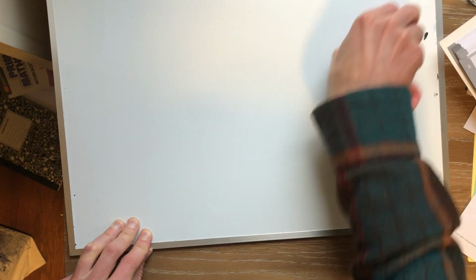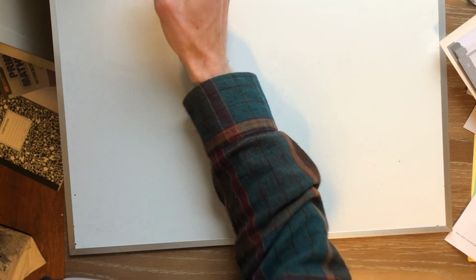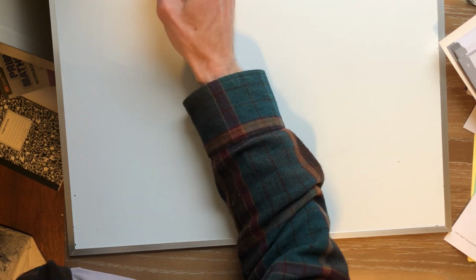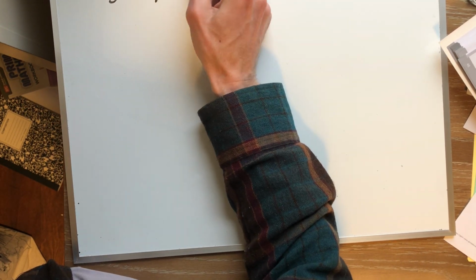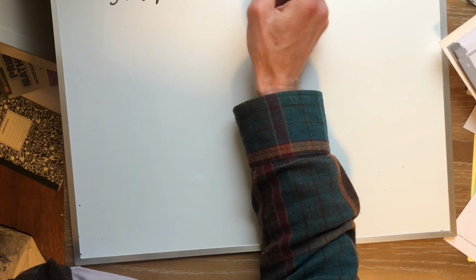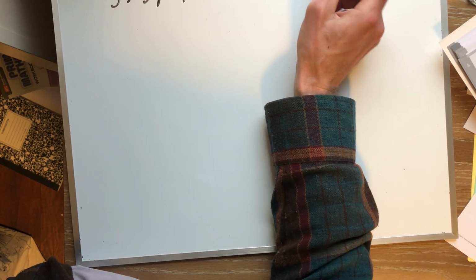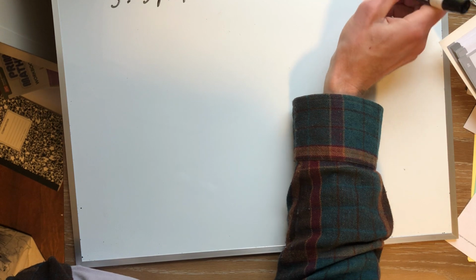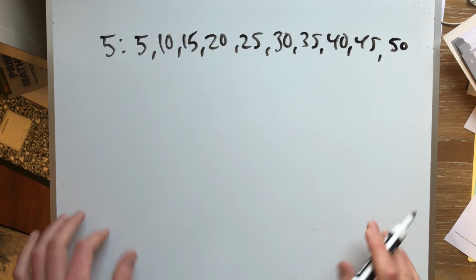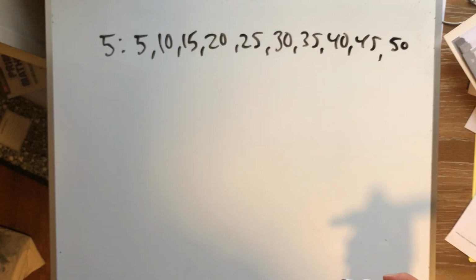And 5. Let's look at 5s. 5, 10, 15, 20, 25, 30, 35, 40, 45, 50. I'm writing with my fast numbers. They're kind of sloppy. What do you notice here?